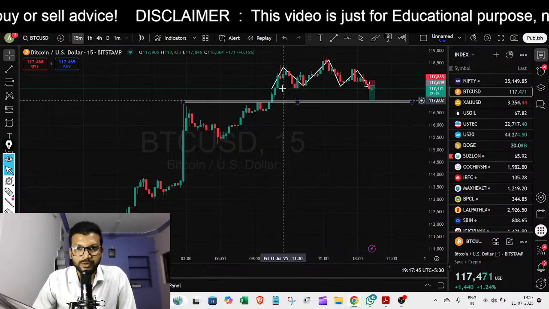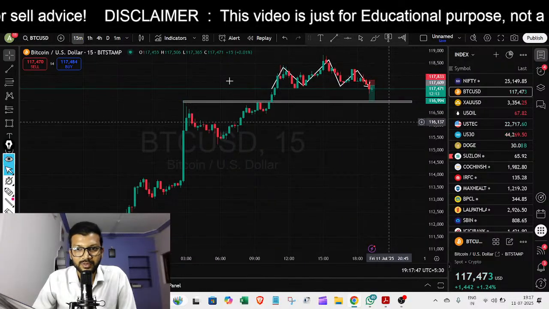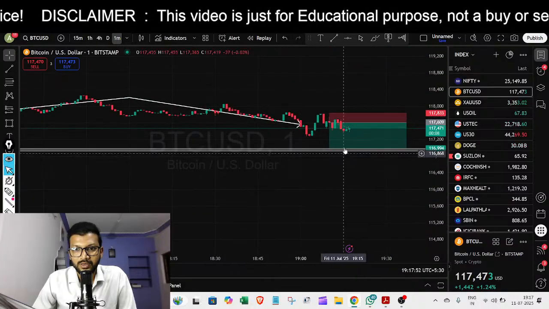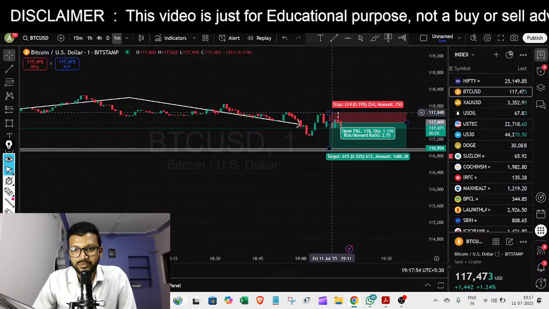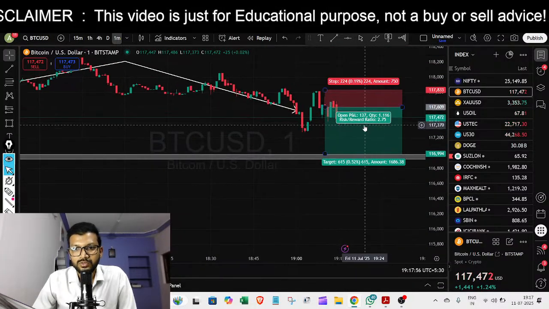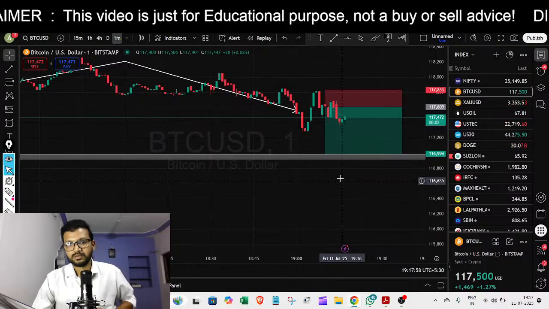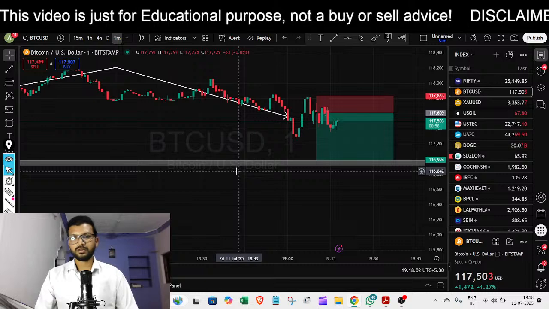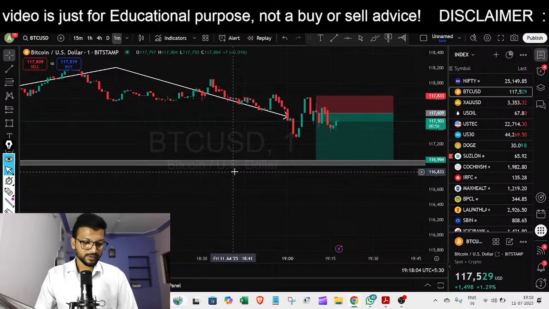For that we confirmed with a head and shoulder pattern on the 15 minutes, and with proper entry we entered this trade where our SL is very small. So this is 1 is to 2.7 RR. Let us see whether our SL or our target hits.